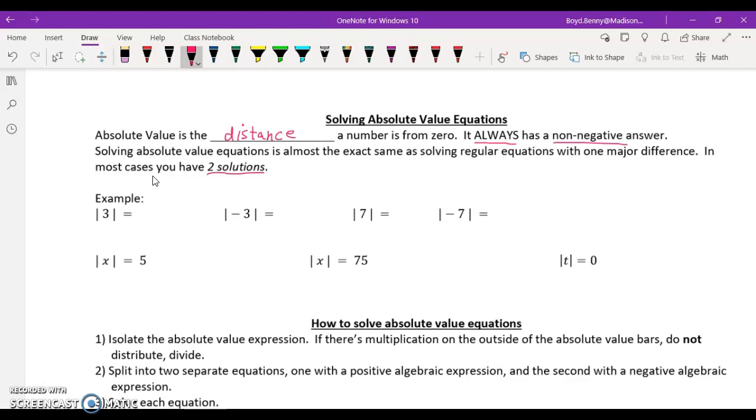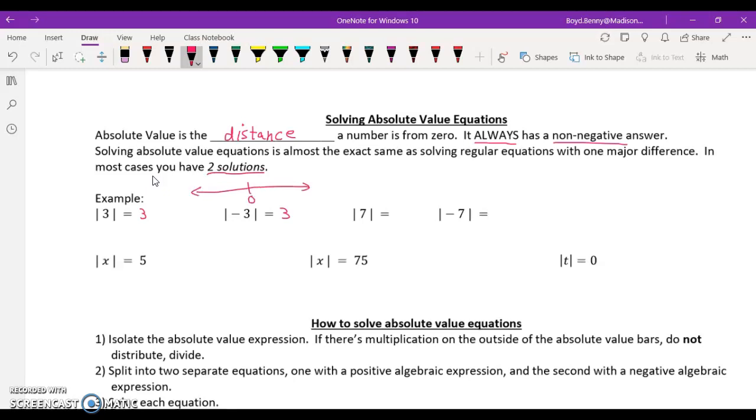So the absolute value of 3 is 3 spaces, or 3 units, because 3 is 3 units from 0. Likewise, the absolute value of -3 is also 3, because -3 is also 3 units from 0. We draw a number line.